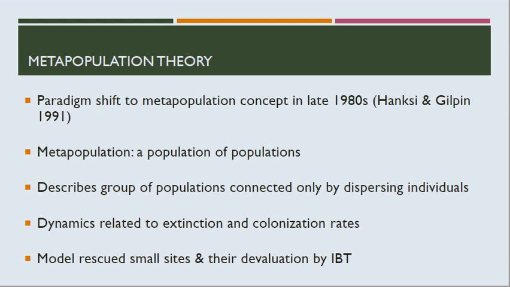For those of you who haven't done metapopulation dynamics, metapopulation theory is basically where we consider various small populations of a particular species as being linked together to form what is known as a metapopulation, or a population of populations.